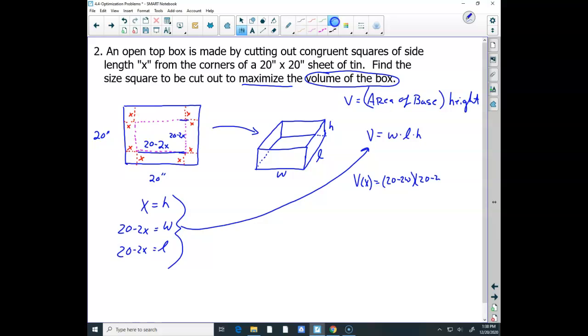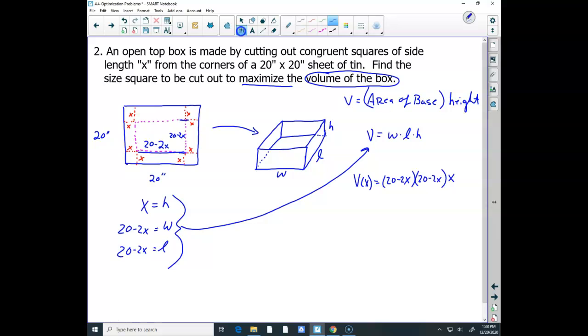It's not w, it's 20 minus 2x. I'm just going to get rid of that. So it's 20 minus 2x times 20 minus 2x times my height, which is x. Well, there it is. Oh, it's a cubic. I don't know if you remember doing this in Algebra 2. We had that copper planter box, right?